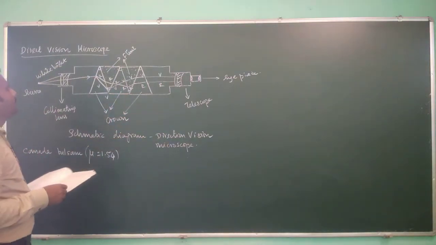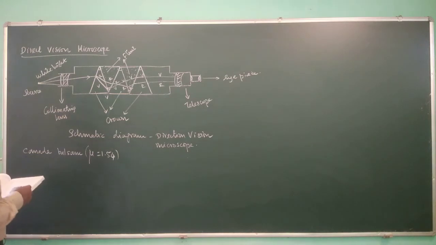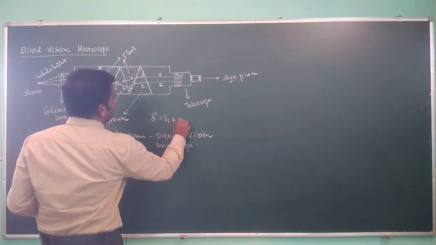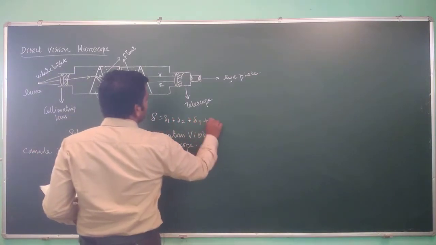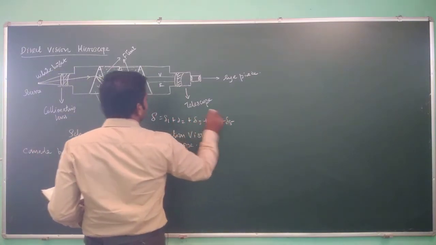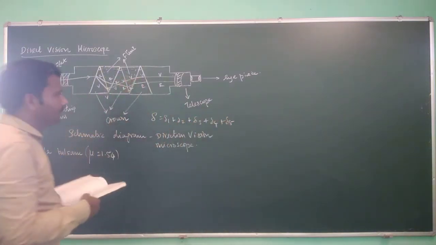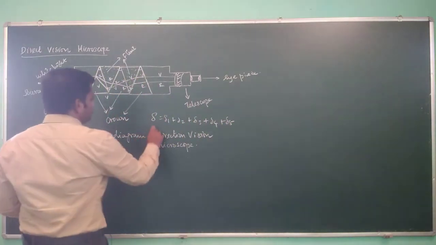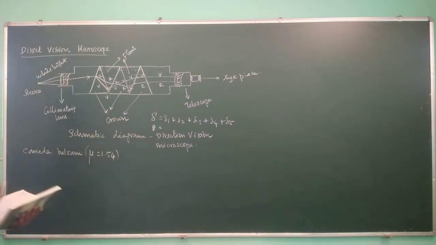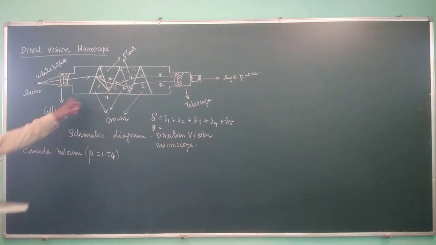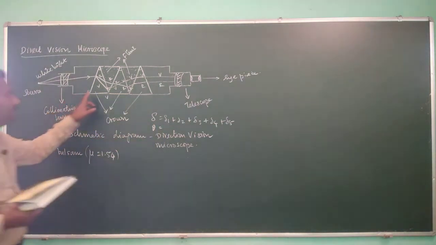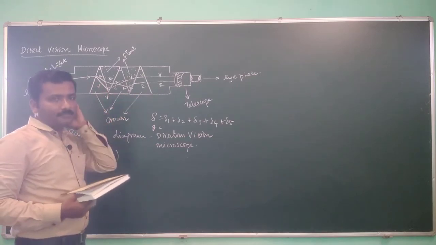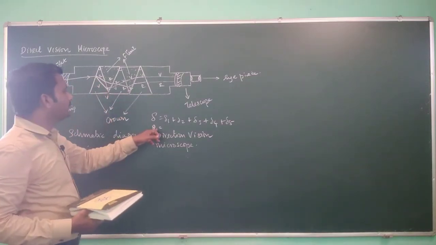In this case, the total angle of deviation is equal to 0. Delta is the summation of delta 1 plus delta 2 plus delta 3 plus delta 4 plus delta 5, as we are using 5 prisms. The sum is equal to 0. Whereas theta, the total angular dispersion for all 5, is the summation of the angular dispersions of all 5 prisms, and here it will be negative.